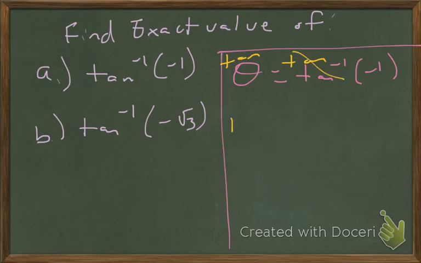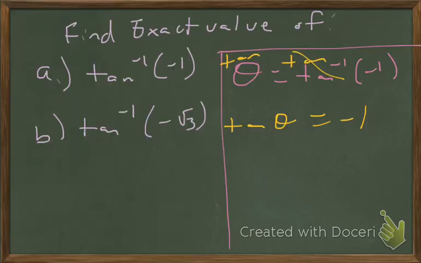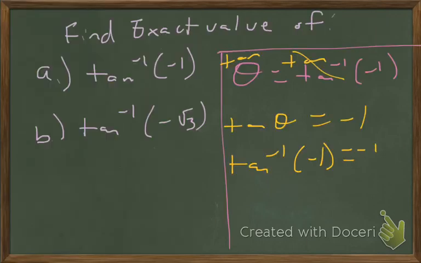Kills that off. So tan theta is equal to negative 1. We go back, look at our chart. We find negative 1, and we find the answer is negative pi over 4. So tan inverse of negative 1 is negative pi over 4.